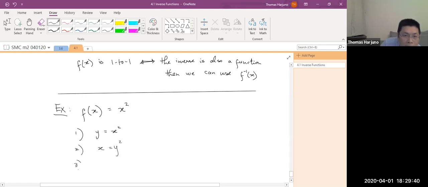Step 3: y equals plus or minus the square root of x. Okay, so this is the inverse of f(x). However, because f(x) is not one-to-one, the inverse is not a function.